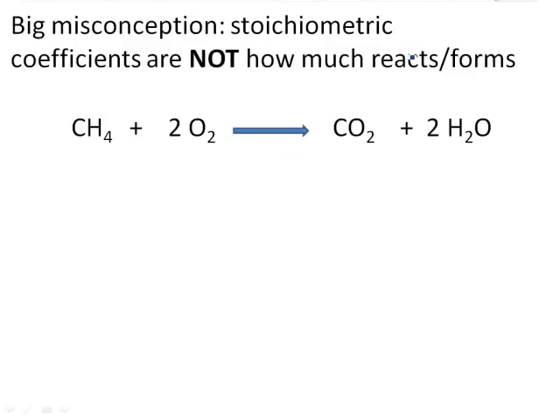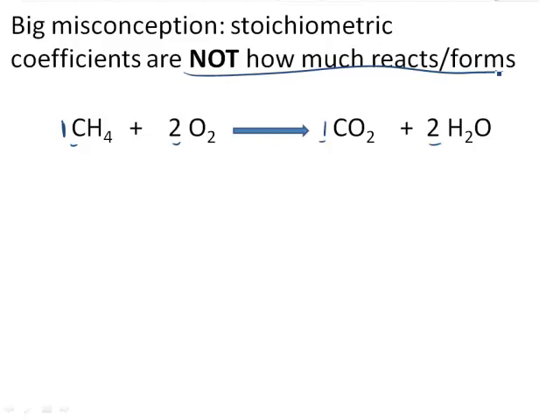All right, here's a big misconception about balanced equations. The idea is the balanced equation is telling you how much reactants and how much products are formed. These numbers, the 1 here, the 2 here, and the 1 here and the 2 here, are not how much actually reacts and forms, except under very, very specific rare occasions.